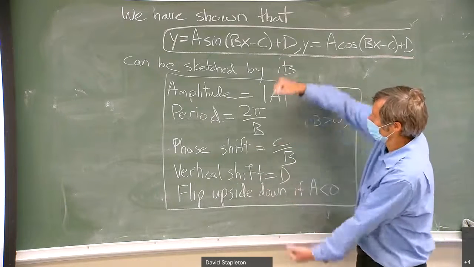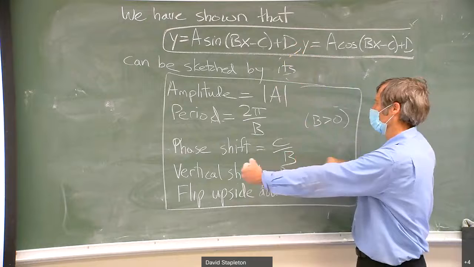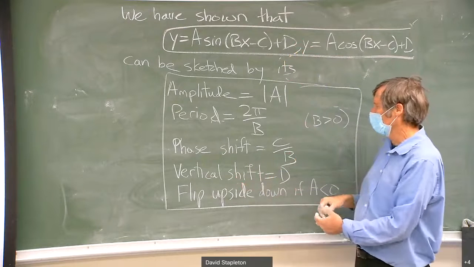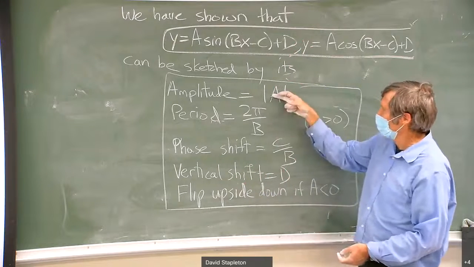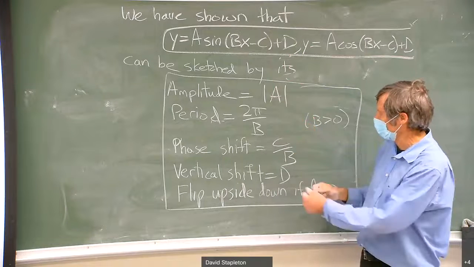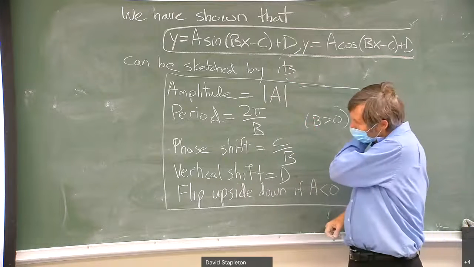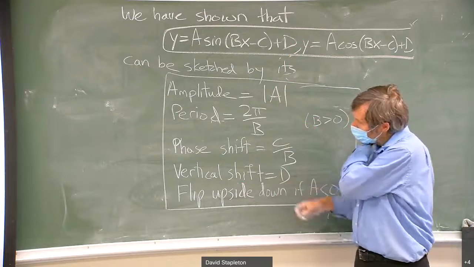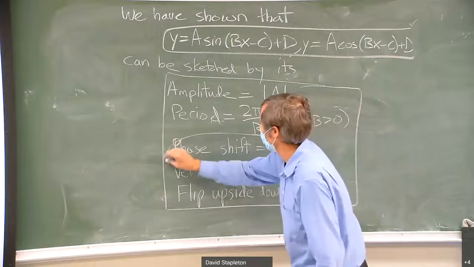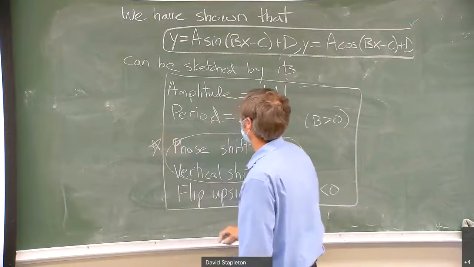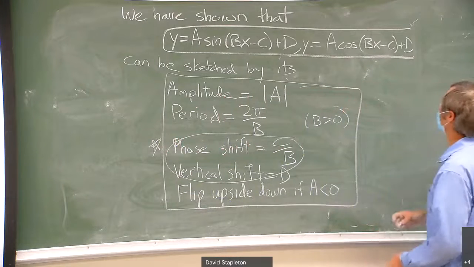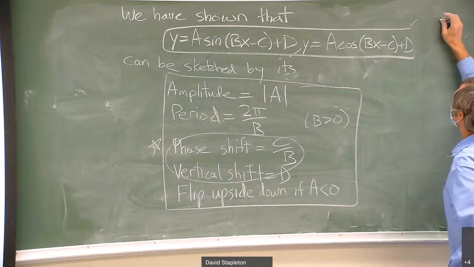Because you're doing a vertical stretch about the x-axis, a horizontal stretch about the y-axis. Everything gets stretched after the initial shift by the amplitude a and by 1 over b, the stretch factor in the y direction. So what I like to do is find the shift point. I'd like to start with these, move the origin in the original graph, and then think of shifting everything around it.